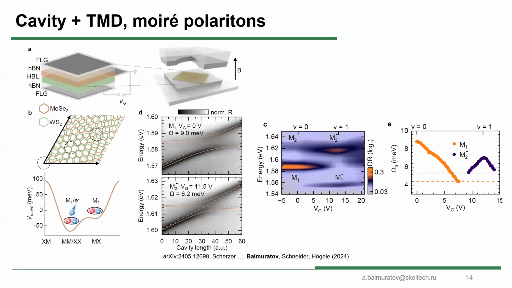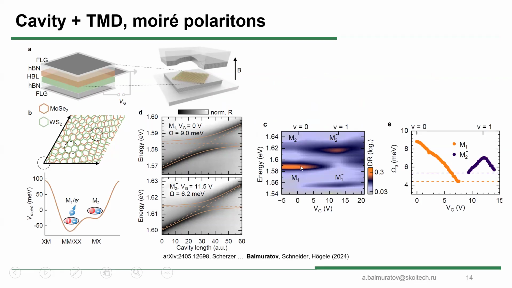This experiment, when you have 0 gate voltage, you have coupling of excitons with cavity modes. And then when you have filling factor 1, you have coupling of M1.